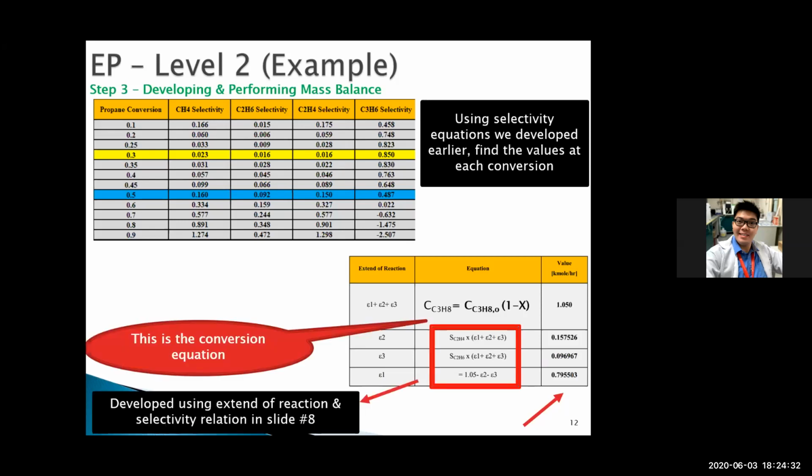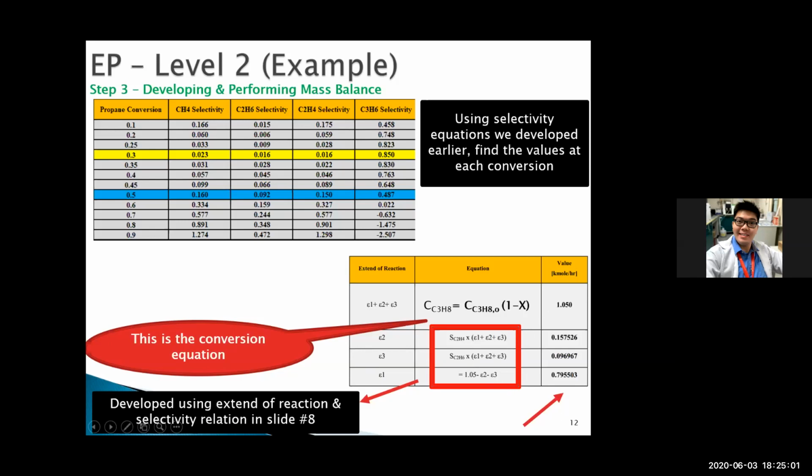Now, for E2, E3, and E1, here we are combining the selectivity equation that we developed earlier with respect to the extent of reaction. So for E2, we have this equation according to the selectivity of C2H4. For E3, we have this equation for the selectivity of C2H6, and so on.